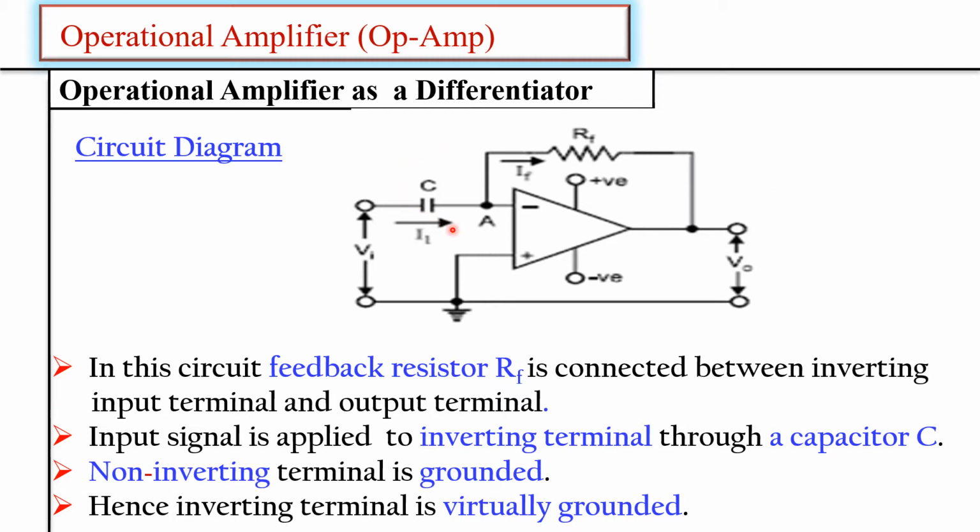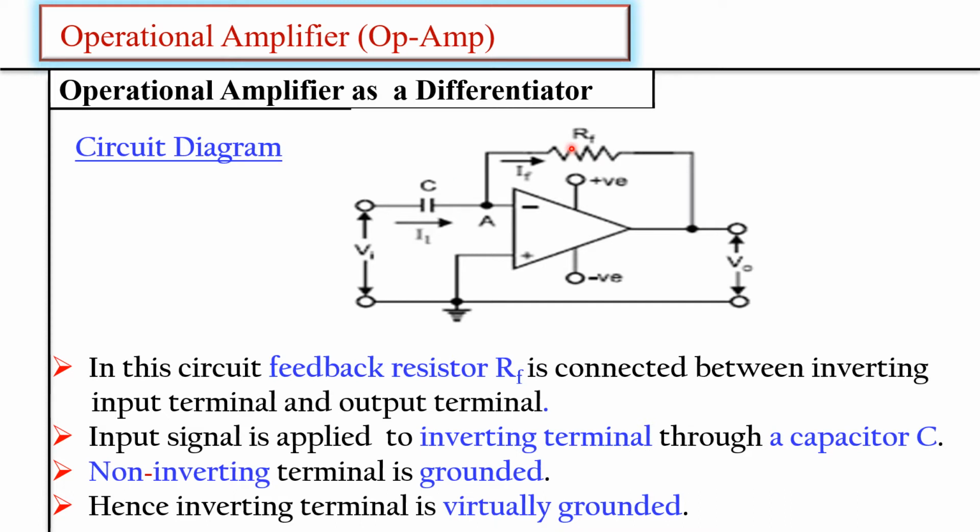In the integrator circuit, if you remember, the capacitor was connected in the feedback path and the resistance was connected at the input. In the differentiator we connect the capacitor at the inverting terminal, and the feedback resistor is connected between the output and the inverting terminal. Now let us understand how this circuit will act as a differentiator.